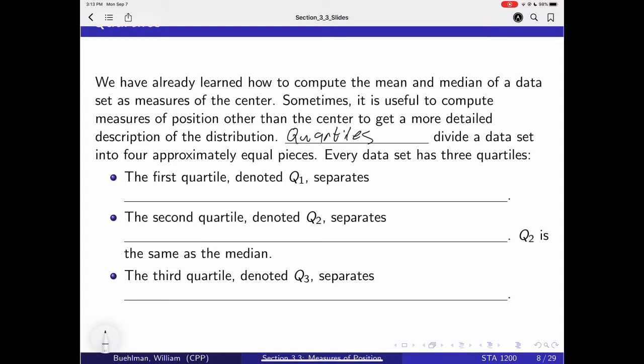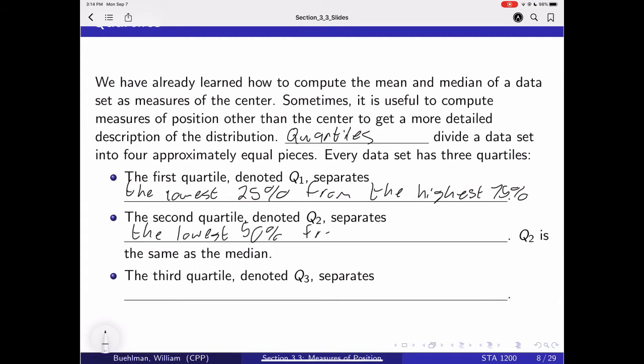The first quartile, denoted Q1, separates the lowest 25% from the highest 75%. The second quartile, denoted Q2, separates the lowest 50% from the highest 50%.